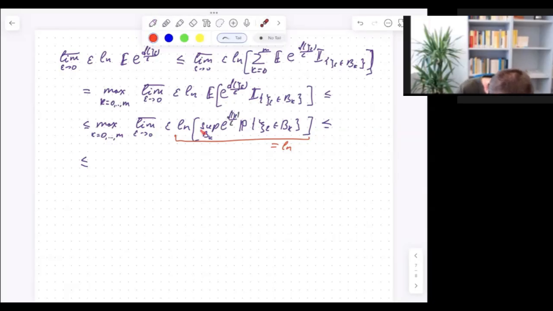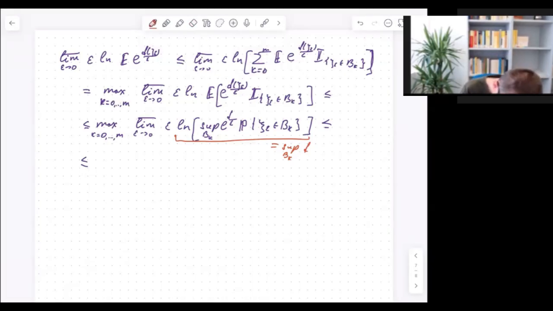And then first of all, we can move this supremum inside, and then we have logarithm of exponent. They will kill each other. You will have only the supremum. So that part is just the supremum over bk of the function f. It should be f, right? Of the function f.